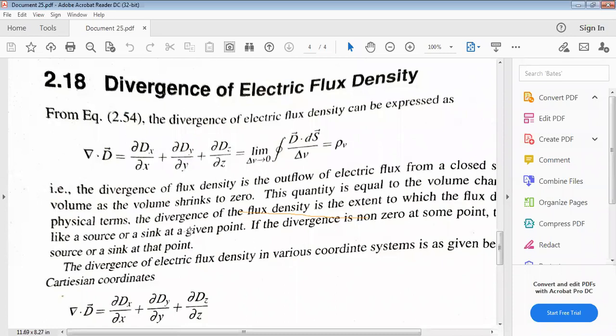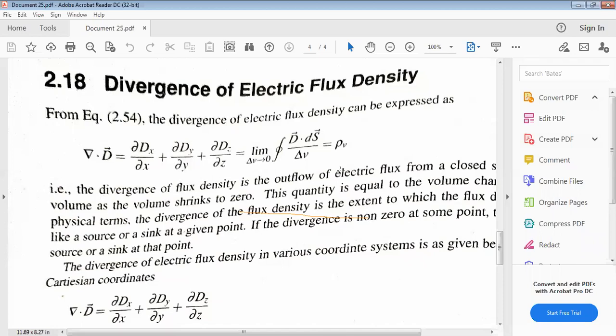The divergence of flux density is the outflow of electric flux. Towards a single point is the convergence; away from that point, the outflow, is the divergence.